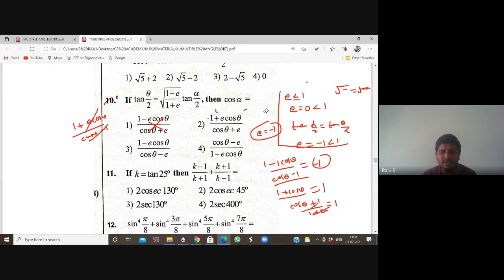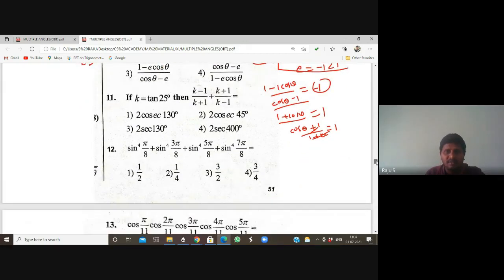Mostly 90% we will get it, 10% not. Sometimes we may get two options correct. So this is the general procedure, but try to substitute suitable values, then you can verify the answer. You must be habituated to giving some values and checking the options, because it will save a lot of time.